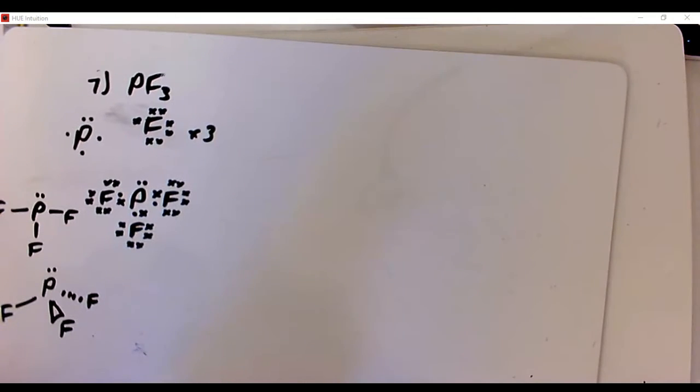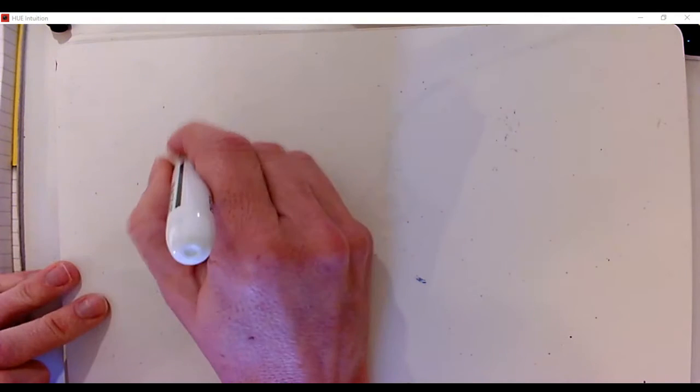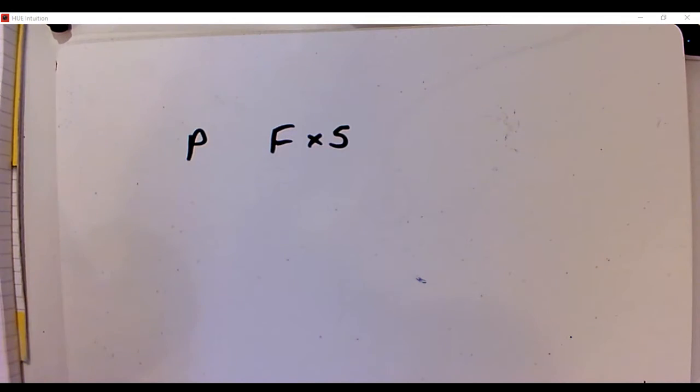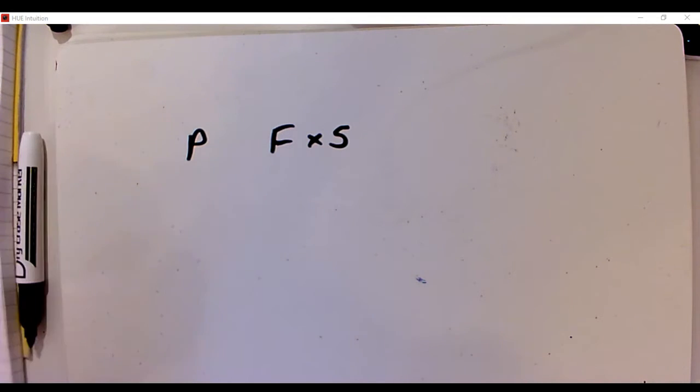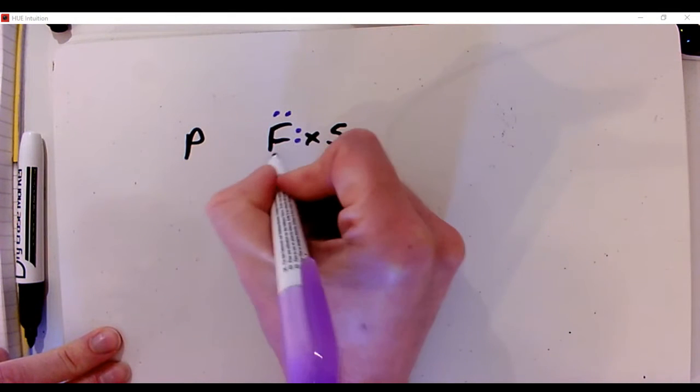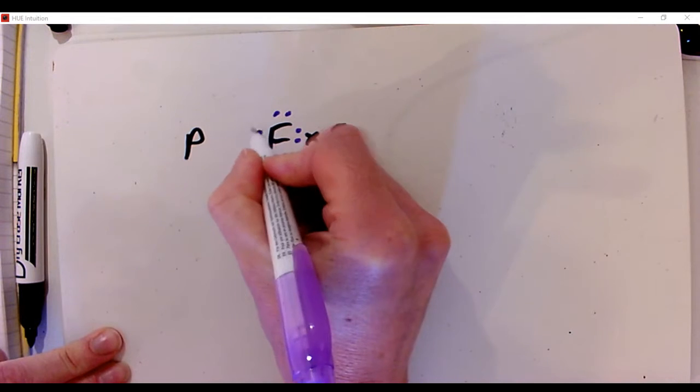Right, next one, 8 is PF5. This time I think I'm going to change the color of the electrons for one of them. Make fluorine the dots because X will take longer to draw.